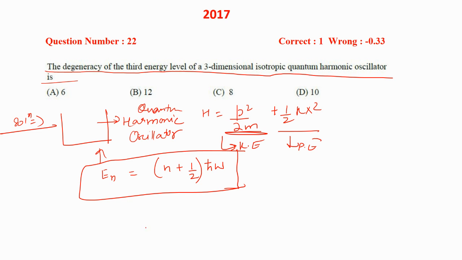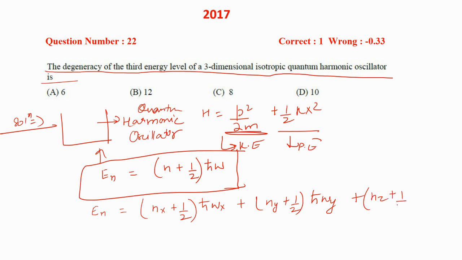Here we are asked in three dimensions, so your energy will become (nx plus 1/2) h cross omega x plus (ny plus 1/2) h cross omega y plus (nz plus 1/2) h cross omega z.